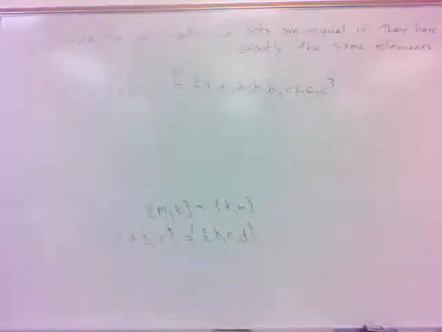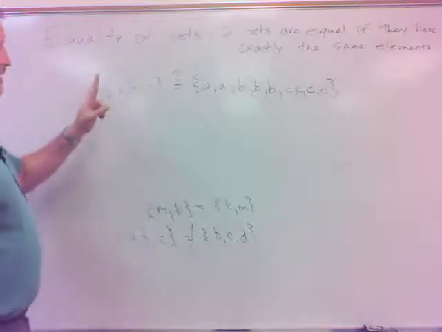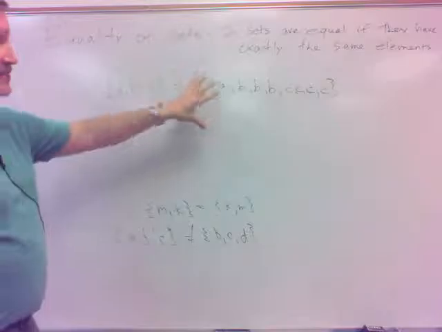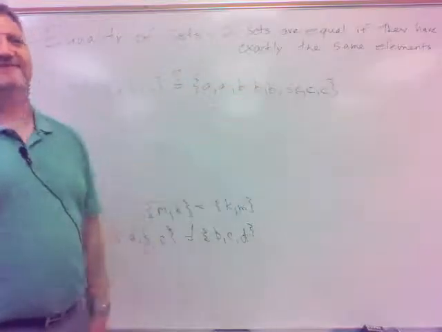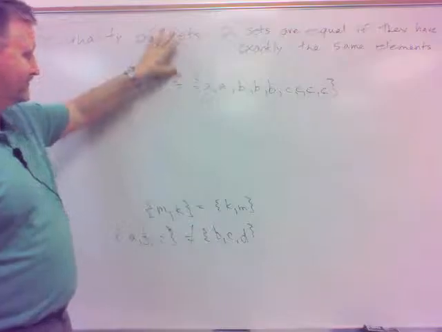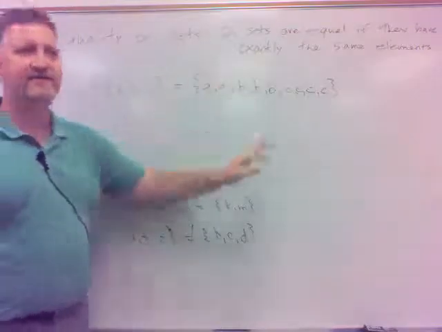Those equal? Well, let's talk about it. What are the elements here? A, B, and C. What are the elements over here? A, B, and C. Do they have the same elements? Yes, they do. These are equal. This set is equal to this set.